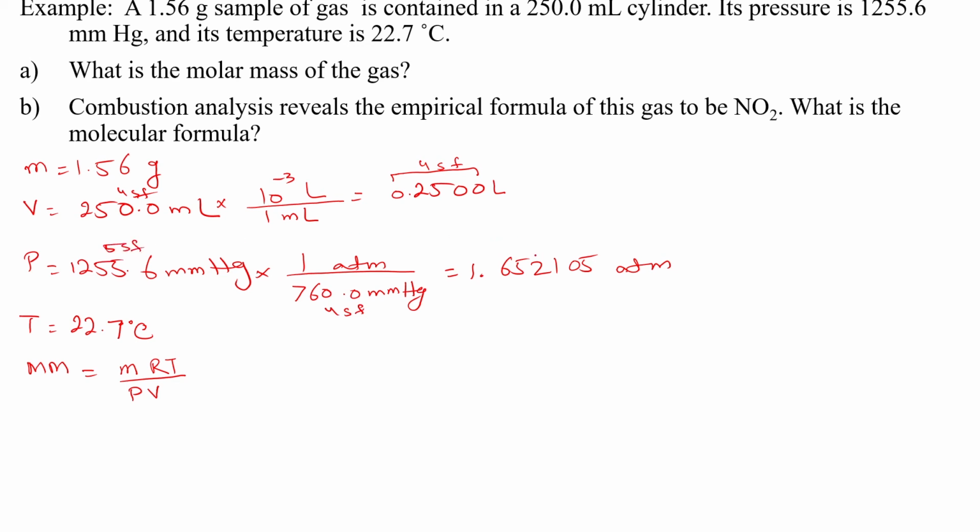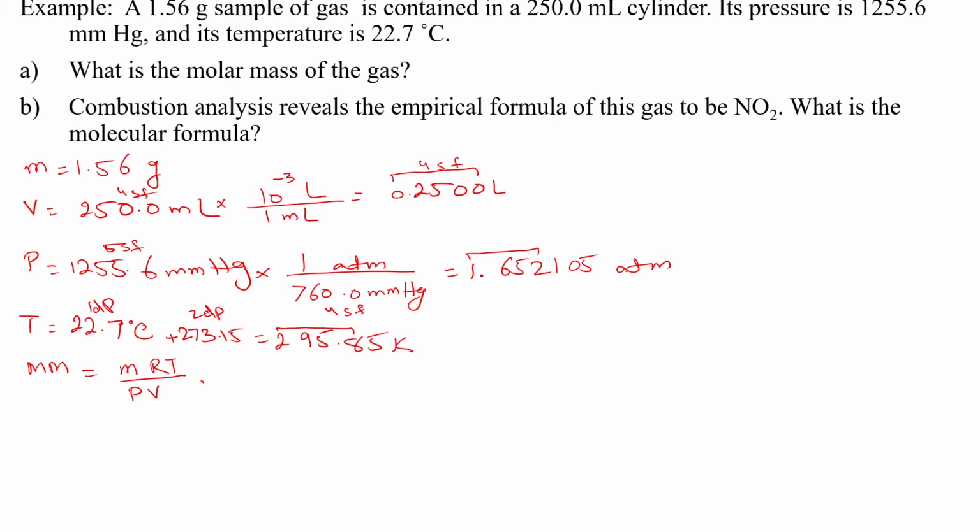If you have to round, you will be rounding to 4 sig figs, which is here. You have 1 decimal place here and 2 decimal places here. So if you have to round, you will be rounding to this place.